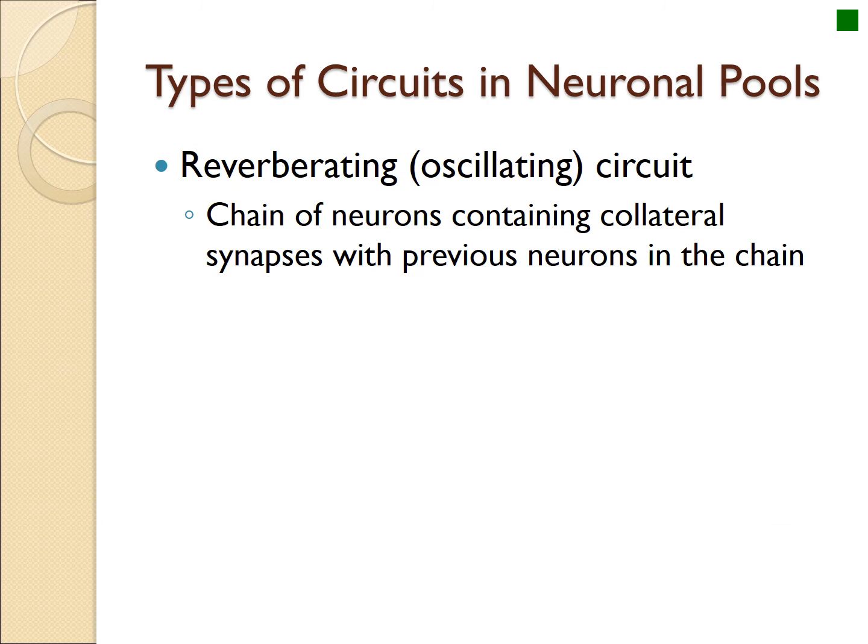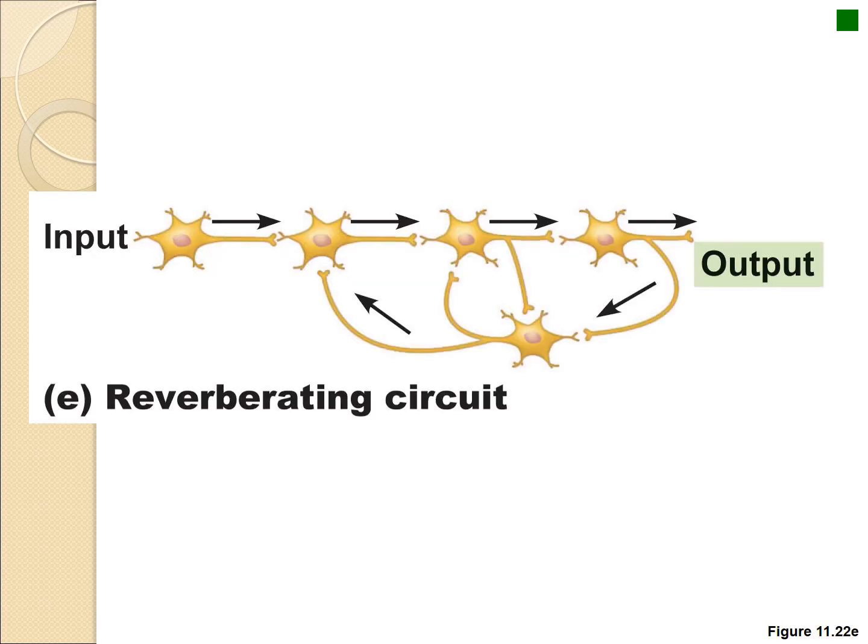Now, my favorite type of circuit is what's called the reverberating or oscillating circuit. And the best way to explain this is not to look at the definition, but just look at it. So here we go. Direction of the impulse. This is your first presynaptic, gets an impulse, sends it to this.